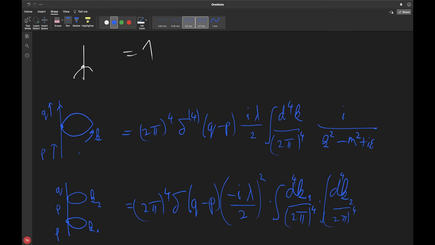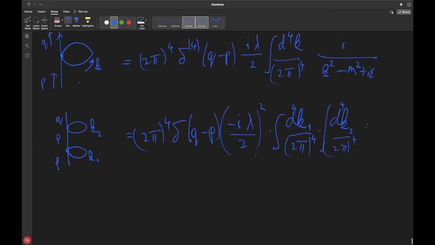And then we multiply this with 3 propagators.